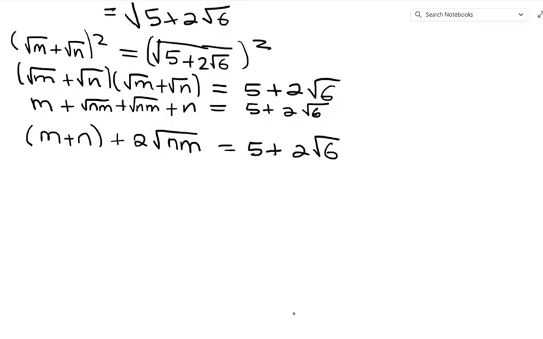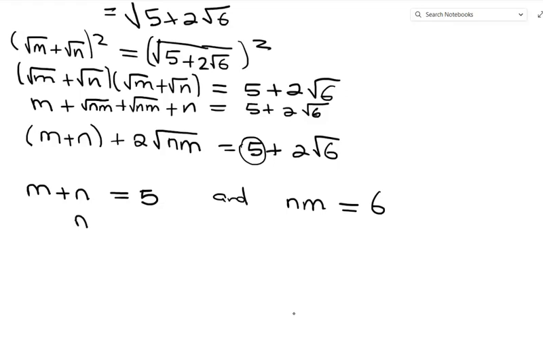Okay, so here we can say m plus n is equal to 5, right? And we can say mn is equal to 6, right? Okay, here we can just use simultaneous equations to solve these problems.